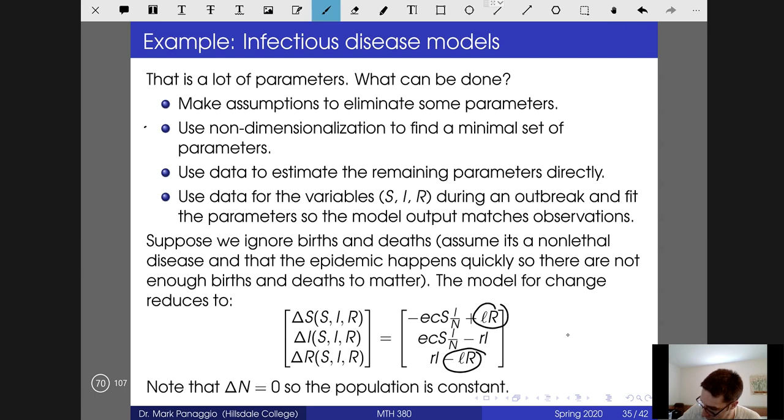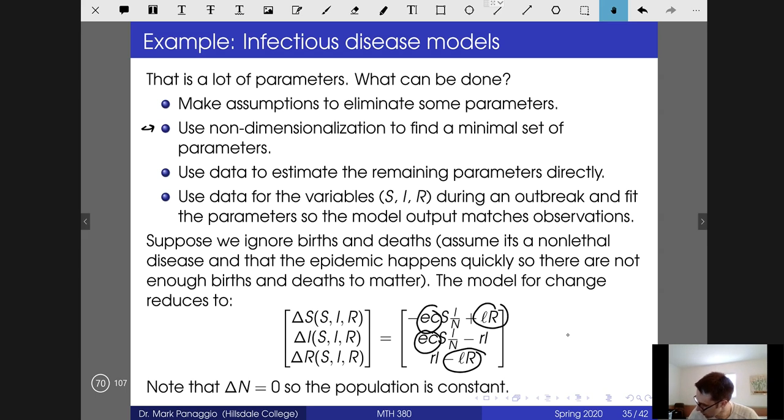Secondly, you can use non-dimensionalization. So you had an extra credit homework assignment to look at, I believe it was chapter 9 or chapter 10, where they talk about non-dimensionalization. But what you'll often find is that there are certain parameters that really are kind of redundant or unnecessary. In this case, for example, notice we have EC that only shows up together. We don't have E and C separately.